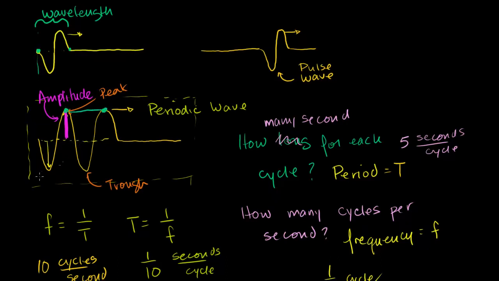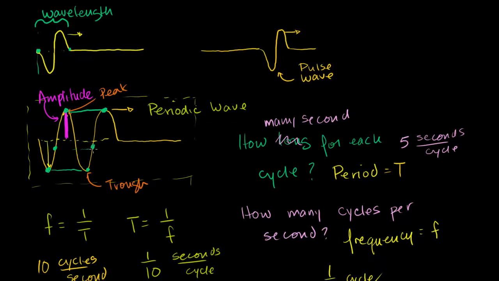Or you could view it as a distance from one trough to the other trough. That's also the wavelength. Or in general, you can view the wavelength as one exactly equal point on the wave. So from that distance to that distance. That is also one wavelength, where between that point and that point, you're completing one entire cycle to get exactly back to that same point.